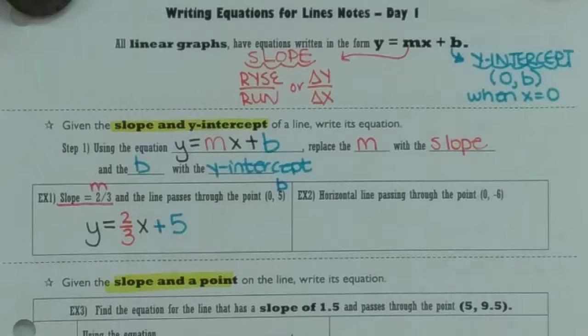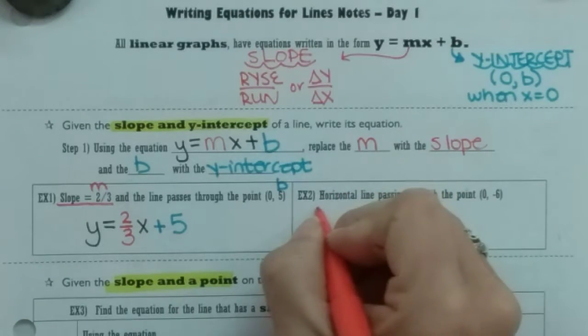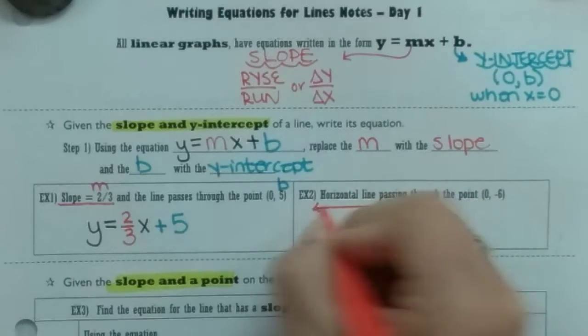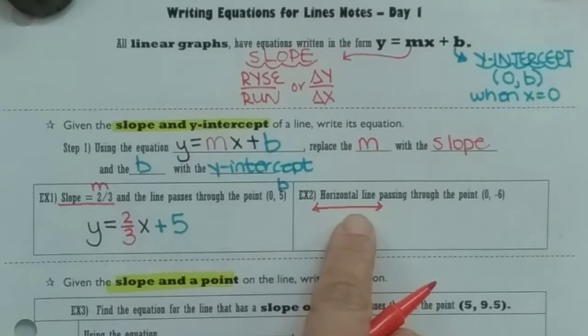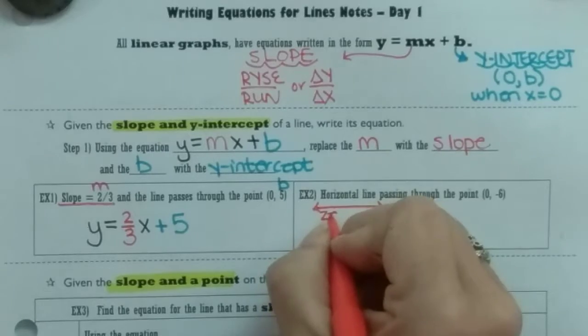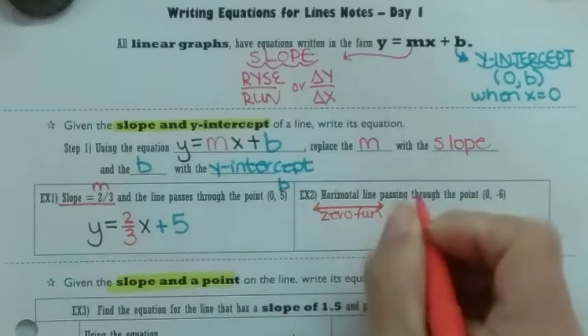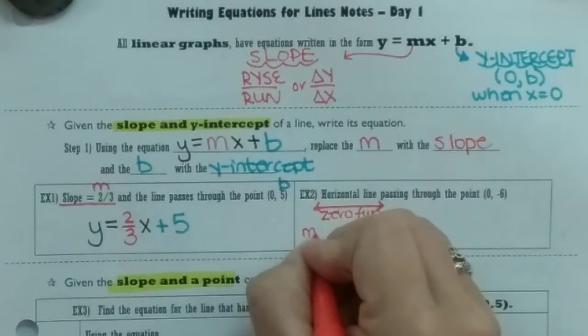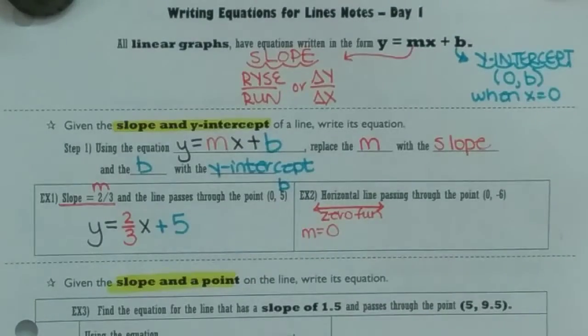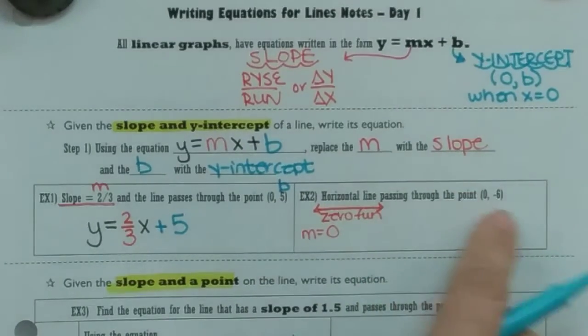Example 2 says we have a horizontal line passing through the point 0, -6. Remember, a horizontal line looks like this. And recall what Slope Dude says when he's trying to scan that horizontal line. He says it is 0 fun. So therefore our slope, our m, is equal to 0. And it's passing through the point 0, -6.